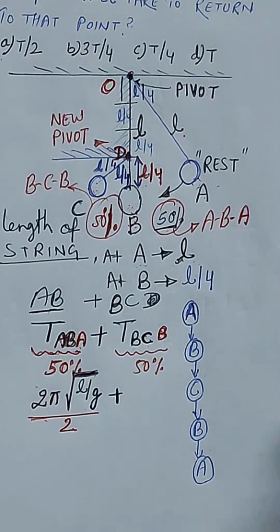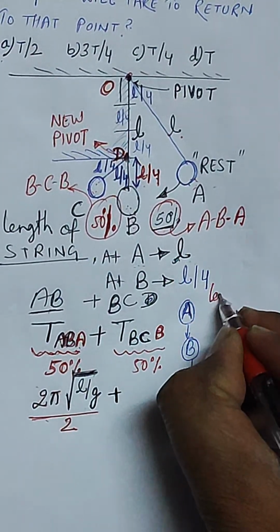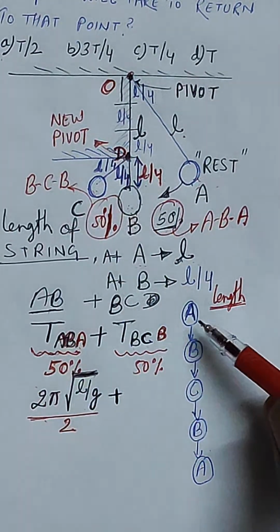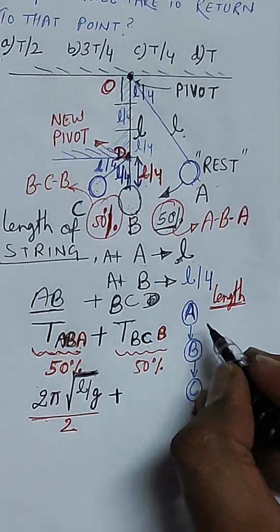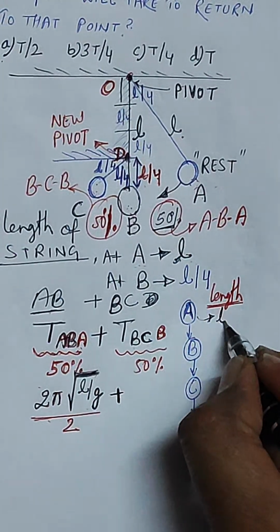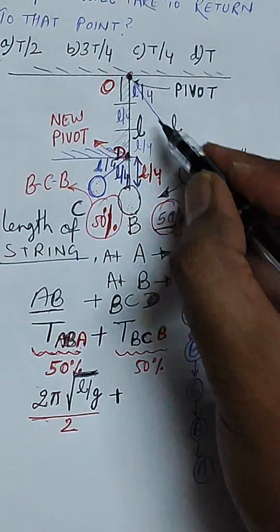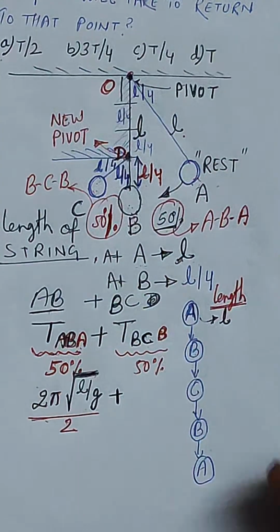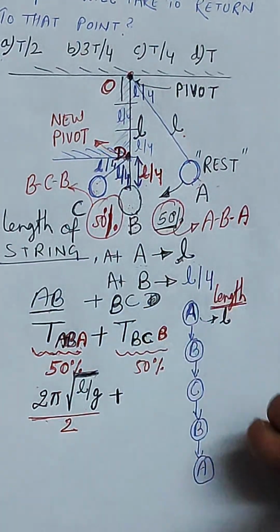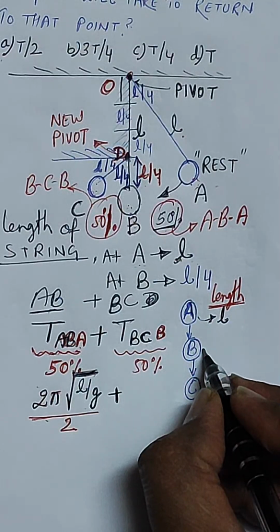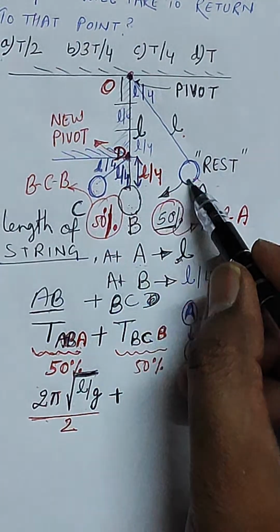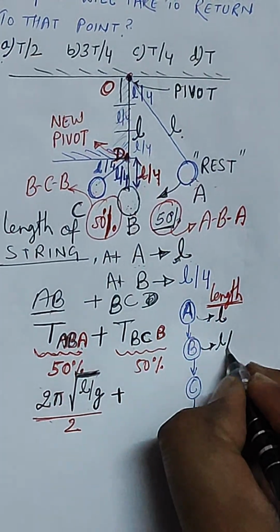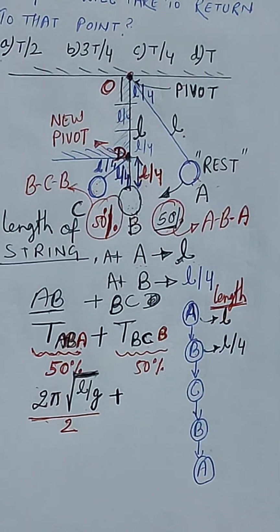So if we say the length of the string at point A is how much? At point A it is L. See this. Length of the string at point B: before B it is L, but when it reaches B, it becomes L by 4, right?